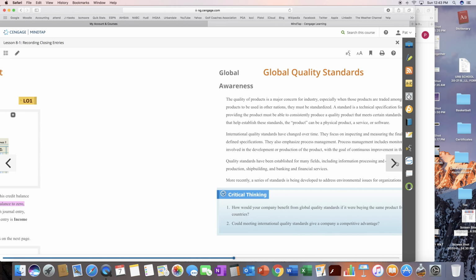This balance is our net income, which should be on the next slide. Net income of 3,162. You can see that is represented in the income summary: sales here, expenses here, the difference, 3,162. Remember at the beginning, when there's a net income, income summary has a credit balance.